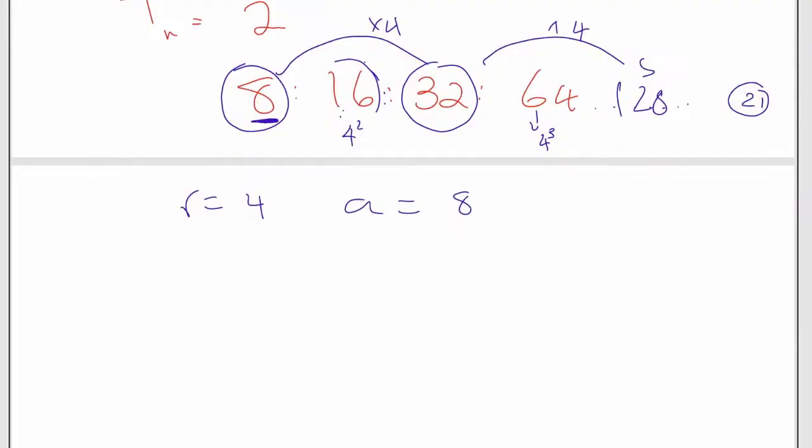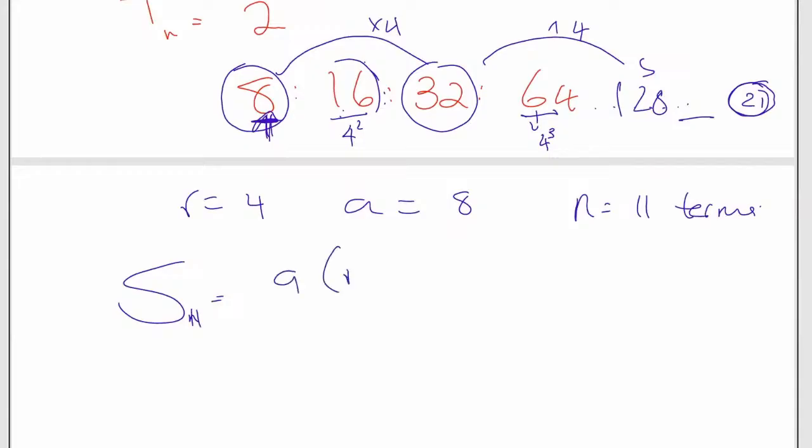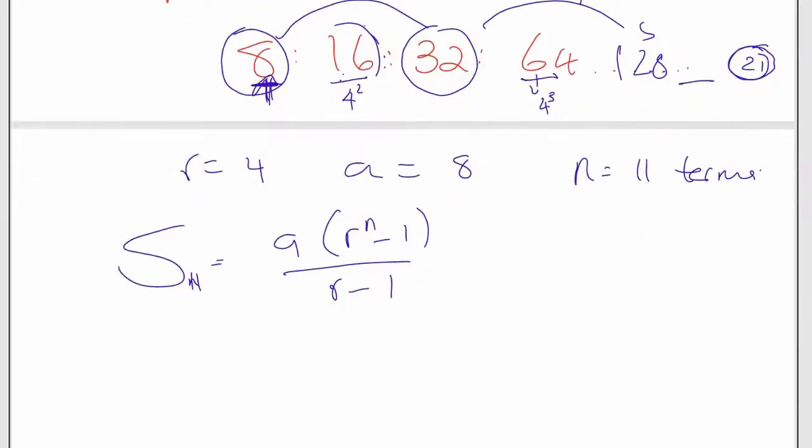So let's get the sum. But how many terms are there? Since there are 21, and whatever we are interested in is the first, we're going to have 11 terms overall. The ones that are powers of 4 are going to be 10. So let's get the sum of a geometric series: the sum of the first 11, a times r to the n minus 1 over r minus 1. Let's substitute that.